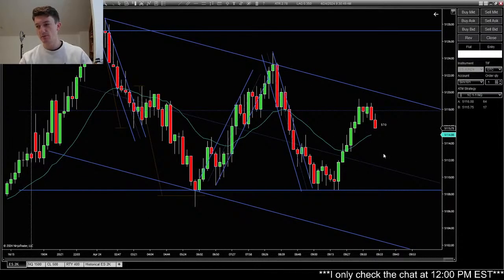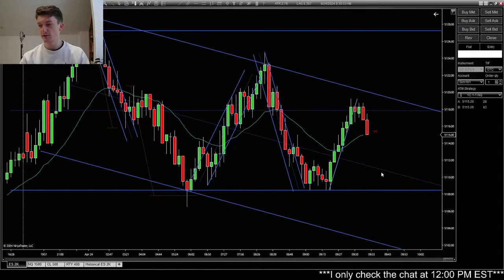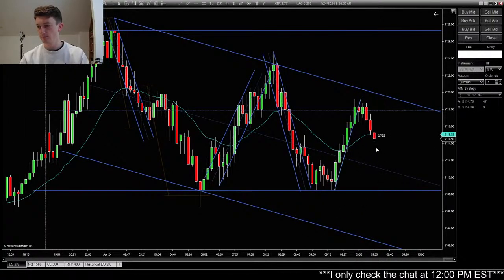On the ES, you're setting up a possible second entry long, although this just looks like kind of one leg back for the most part.